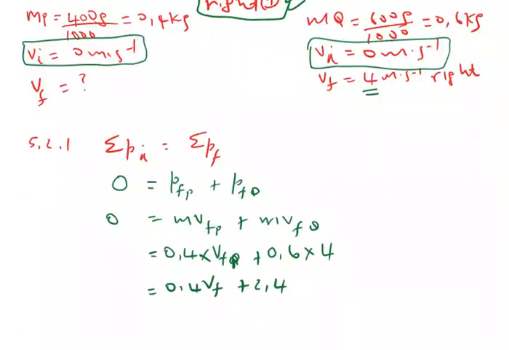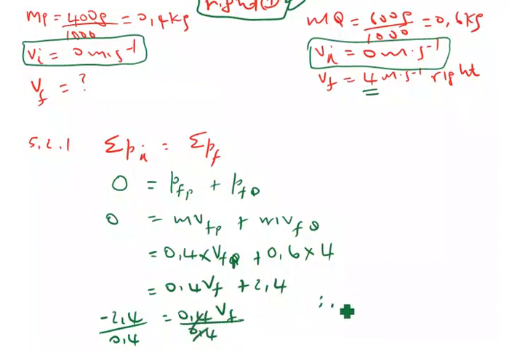So we get 2,4 here, then we transpose 2,4. We have minus 2,4, which is equal to 0,4 vf. Then we divide by 0,4 because we're looking for final velocity, not 0,4 final velocity. So let's divide by 0,4 to get rid of that 0,4.